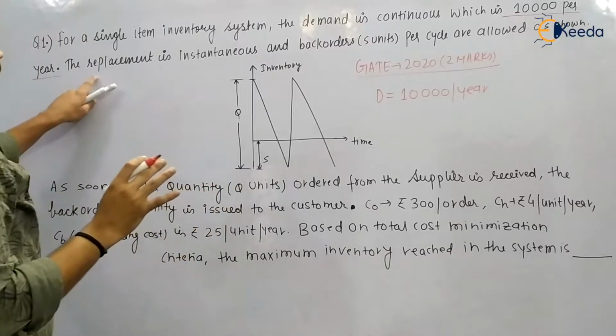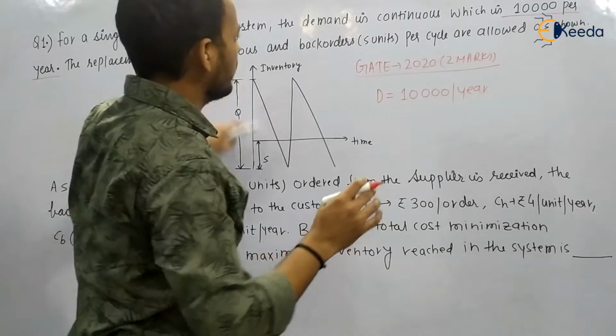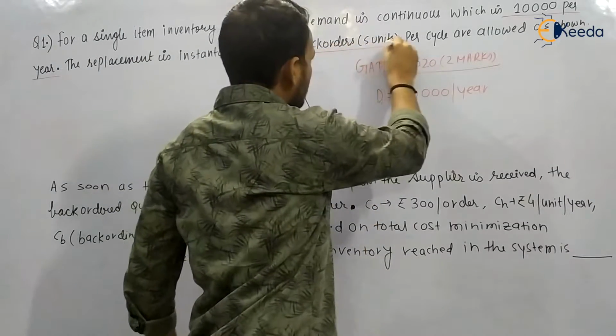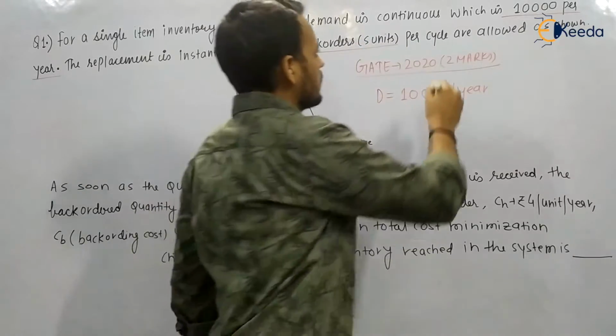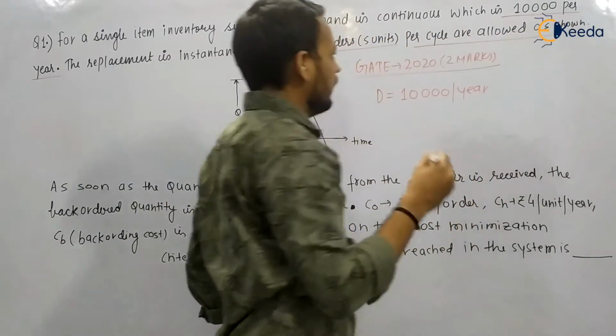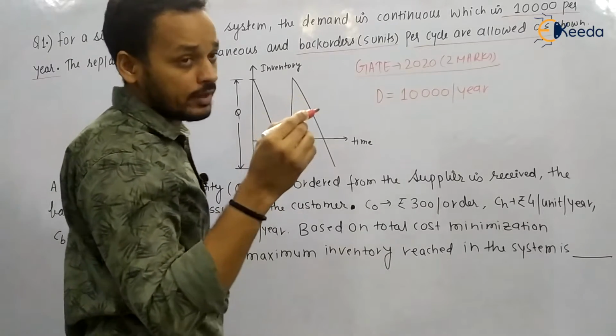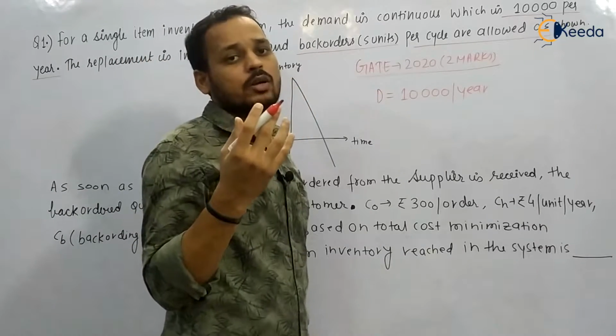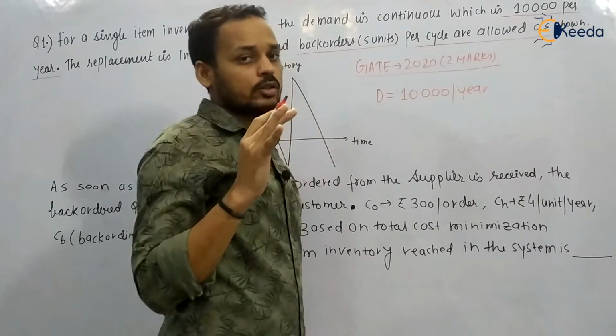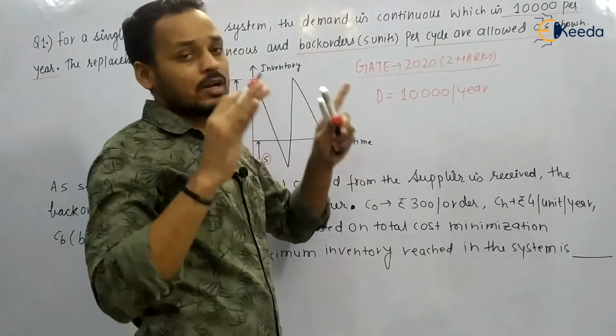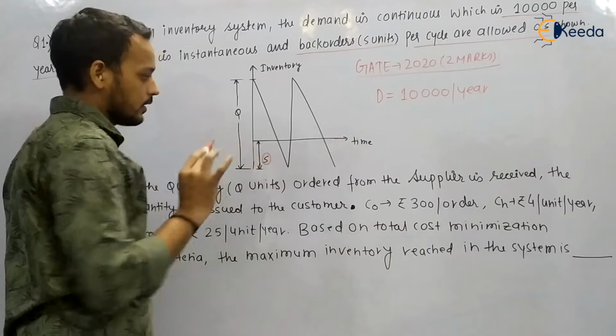And it is saying that the replacement is instantaneous and back orders, that is S units per cycle, are allowed. Back orders are also known as shortage. Back order quantity is also known as shortage quantity. So back orders are allowed, and the back order is S units.